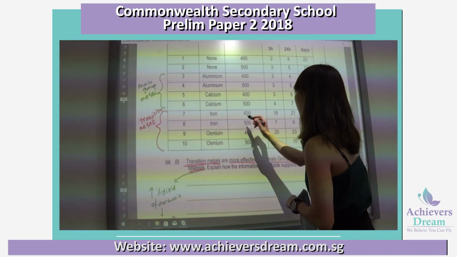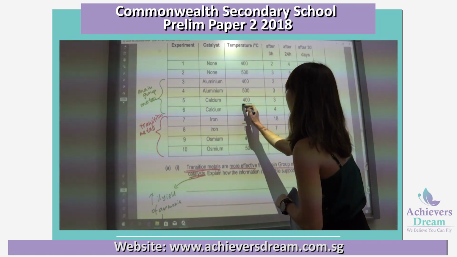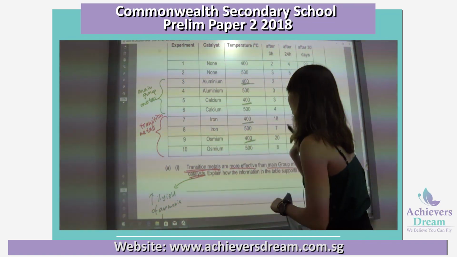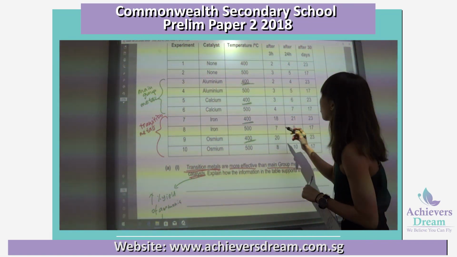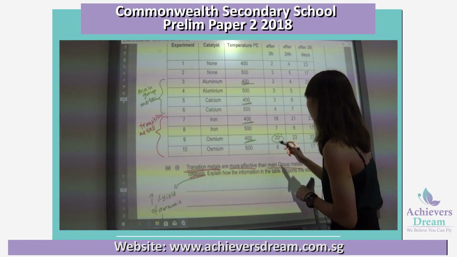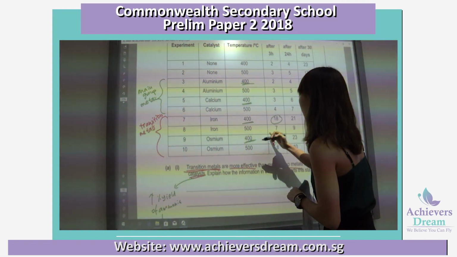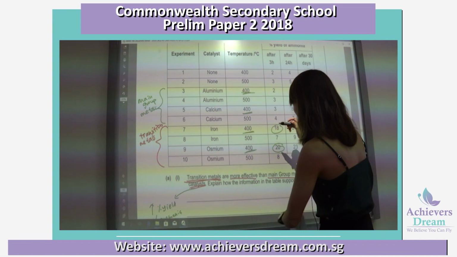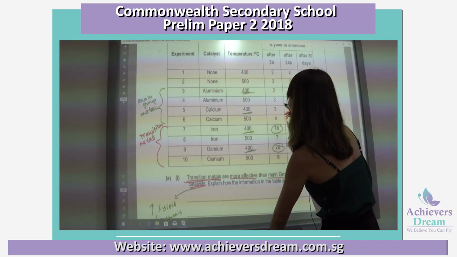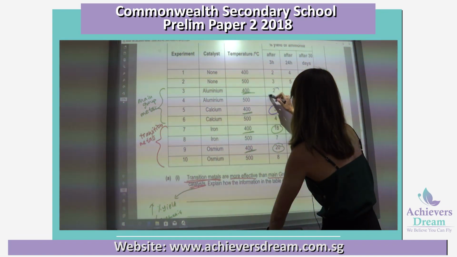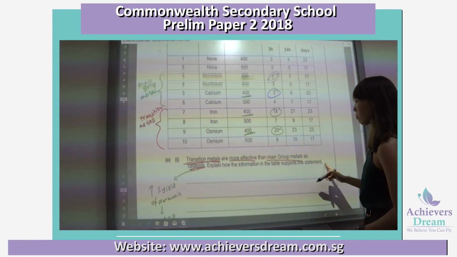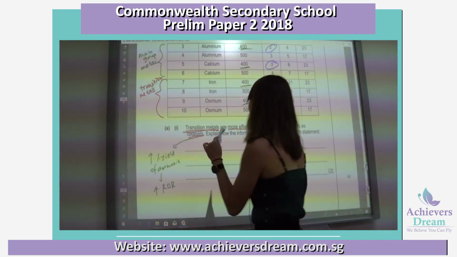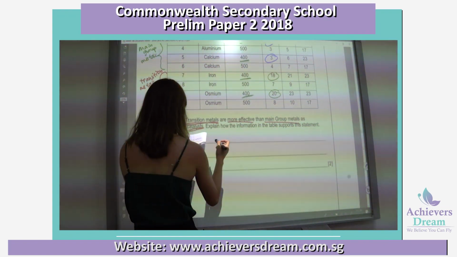Let's look at iron first. At 400 degrees, for osmium, I produce 20%. For iron, I produce 18%. Compared to your main group metals, which are calcium and aluminium, I produce only 3% and 2%. Okay? So yes, it is more effective. And how we use the information, we have to say this.